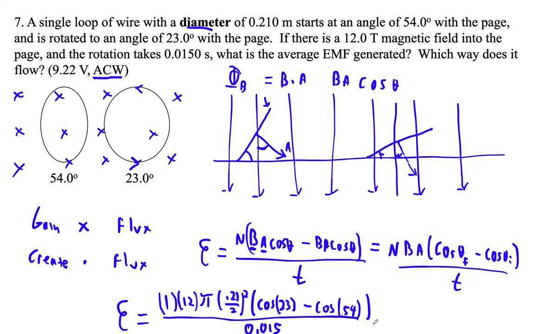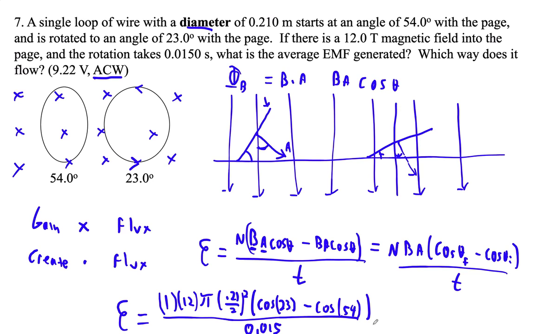Oh, no. Oh, dear. That wasn't clever. Okay, so cos 23. Okay, I need to insert minus cos 54. Okay, and then the denominator is 0.015.